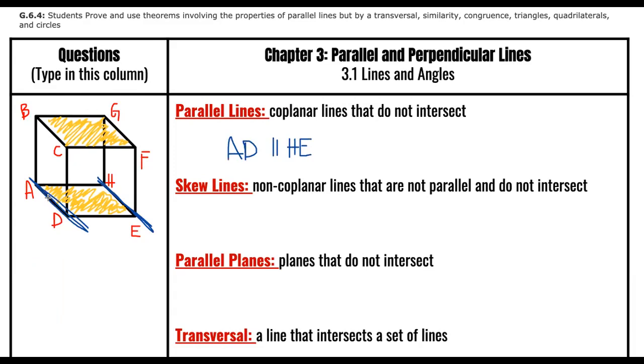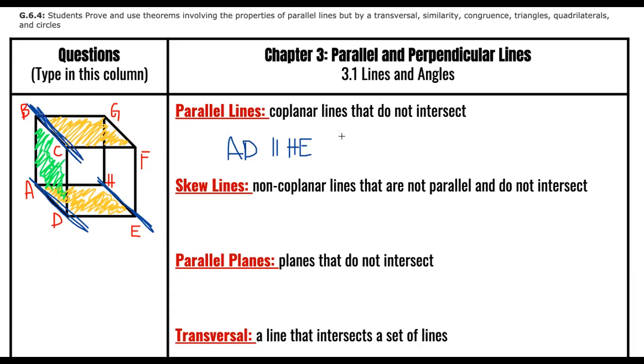But AD actually is in 2 different planes. You have the flat bottom of the box, but AD is also in this left side of the box too. We can highlight that in green. So this whole side of the box as well, you can see. So then AD would also be parallel to BC.